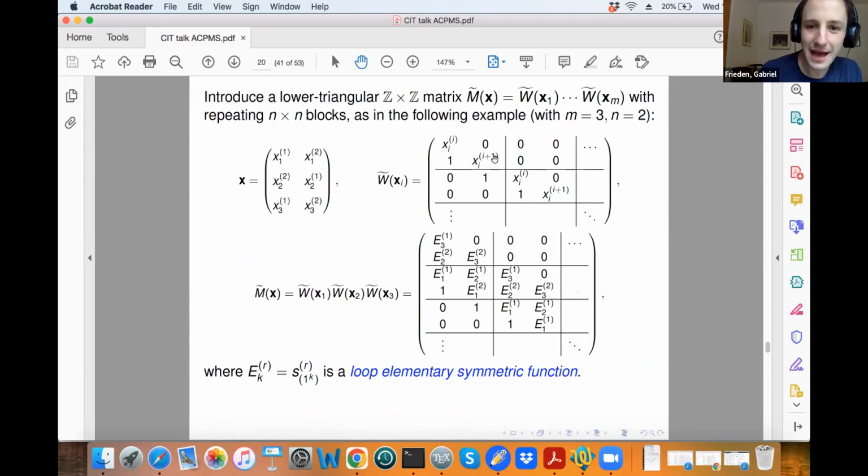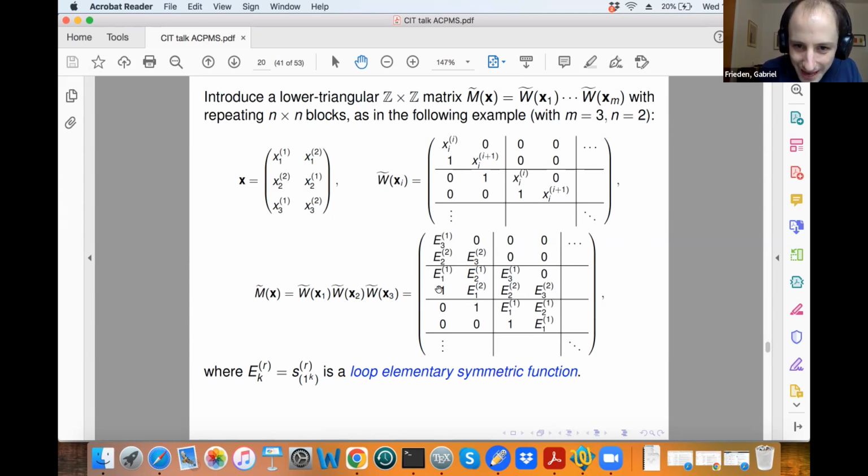But what you actually need to do if you want to understand all of the R invariants is take this periodic infinite extension where you repeat those entries along the main diagonal and put ones along the subdiagonal. When you start multiplying these things, this 2 by 2 matrix is what gave us the RSK tableau, the P or the Q tableau, one of them.